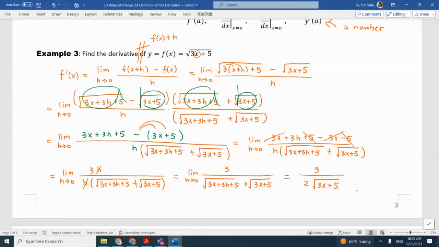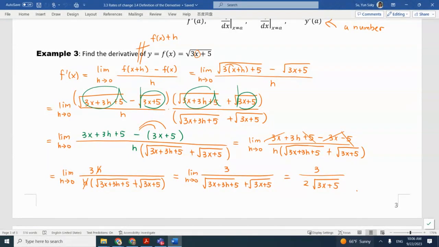The m tangent will be the derivative at x equals 1, right, everybody? And you don't need to do this thing again. Just plug in x is 1 here. This is the derivative.